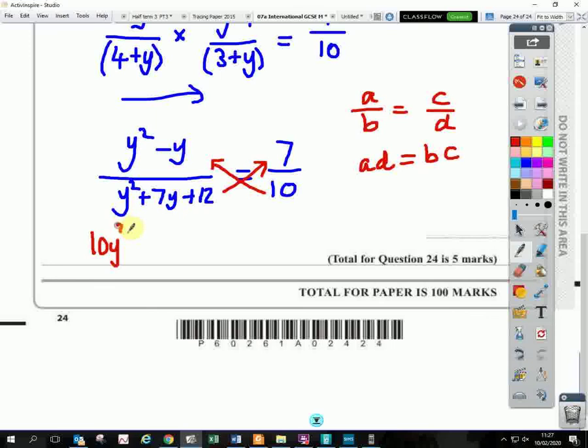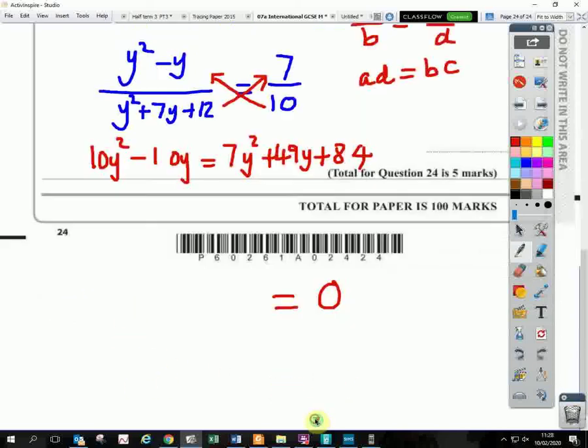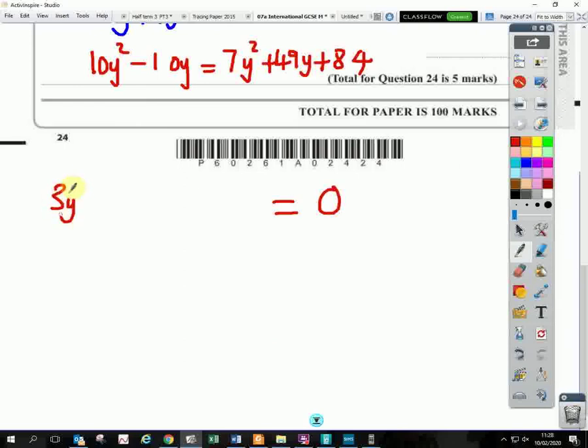You get 10y squared minus 10y is equal to 7y squared plus 49y plus 84. And when you rearrange this all onto one side, to make it equal 0, we end up with 3y squared minus 59y minus 84. So we have a quadratic here to solve.